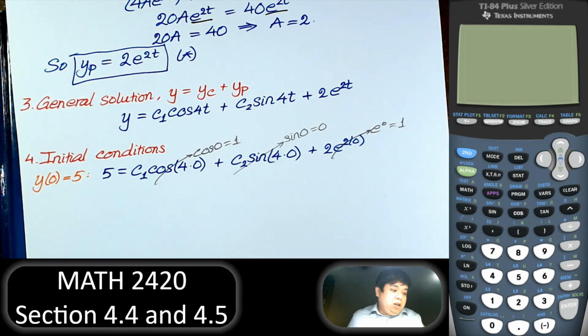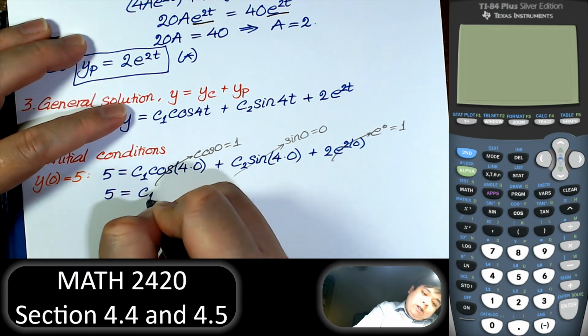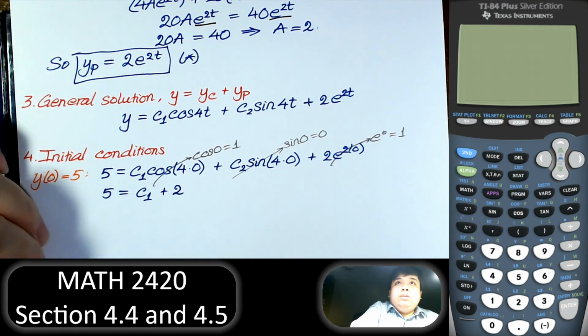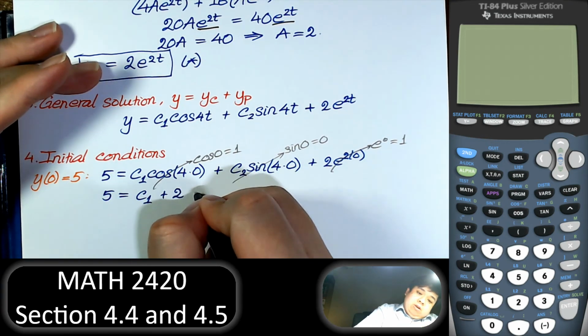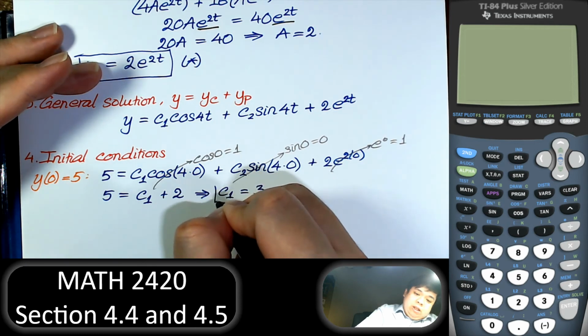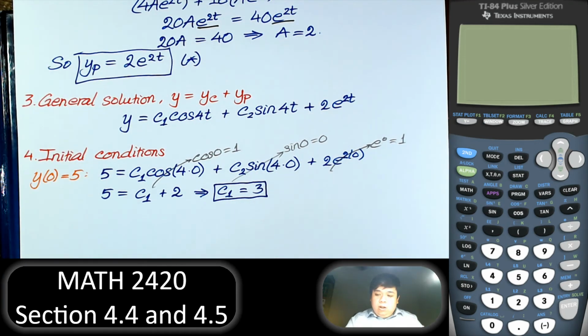So when we combine all of that, we have 5 equal to C1 plus 2. And of course, in this case, we can solve for C1. It must be 3. Right, so that's the first initial condition.